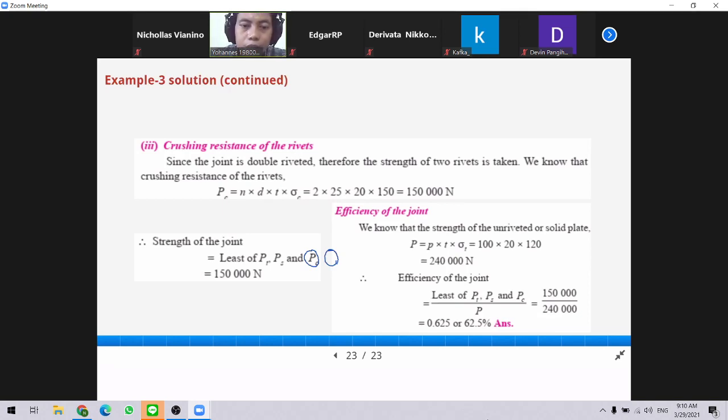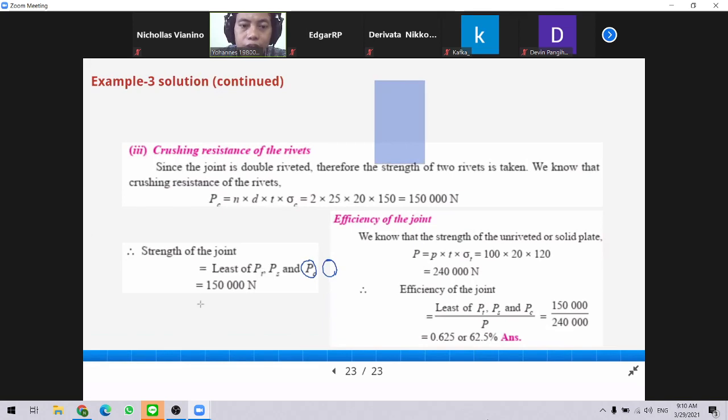So for example, here, for the next discussion, what if we have this first plate combined with this plate, and we put the rivet here, and the load is directed like this.